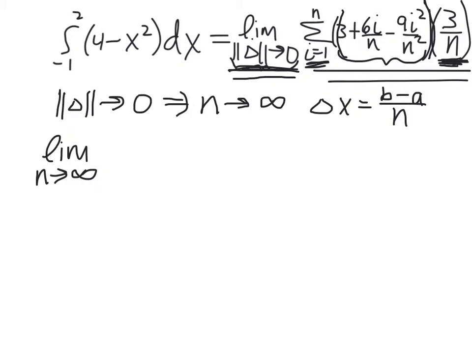There's no i in that expression, so when i is 1, that part's going to be 3 over n. When i is 2, that part's going to be 3 over n. So we can think about this as factoring that out of the summation. So we can say 3 over n and then times that summation.